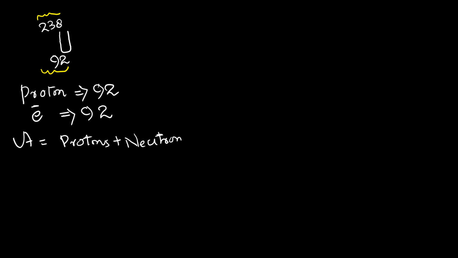The number of neutrons in uranium-238 is 146.